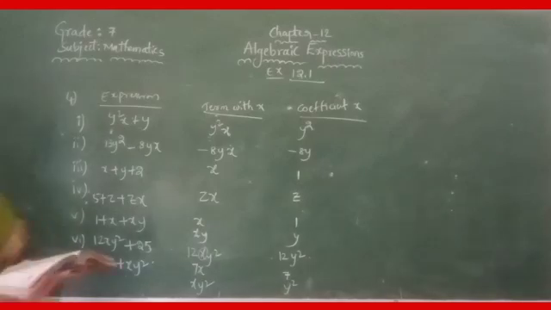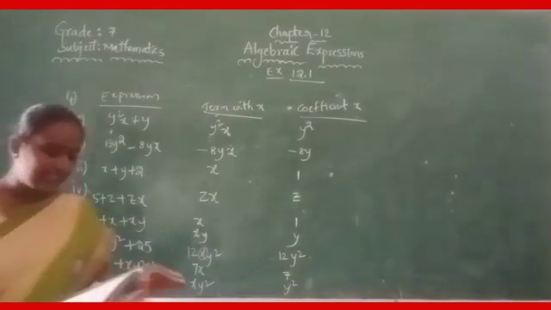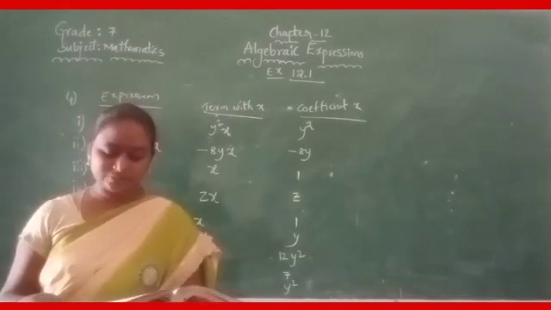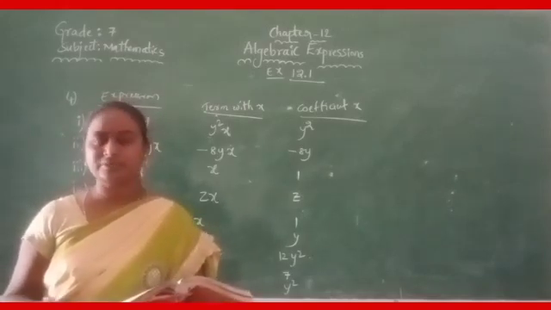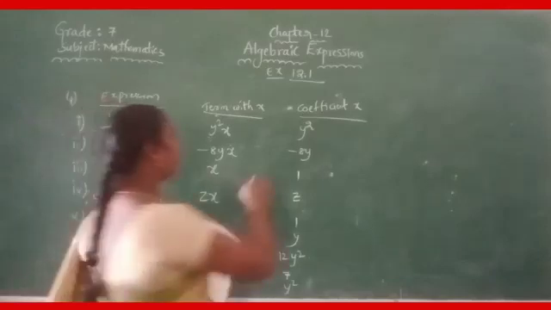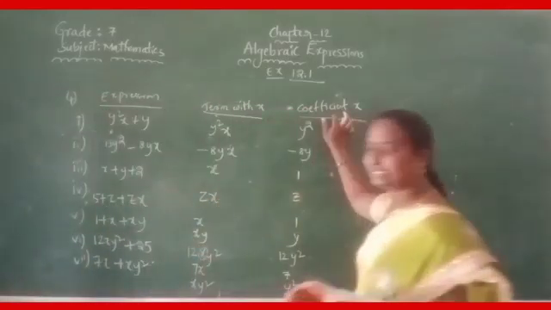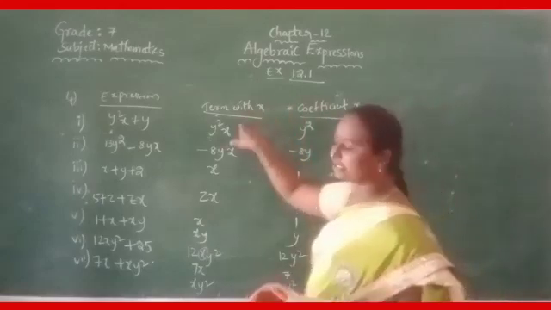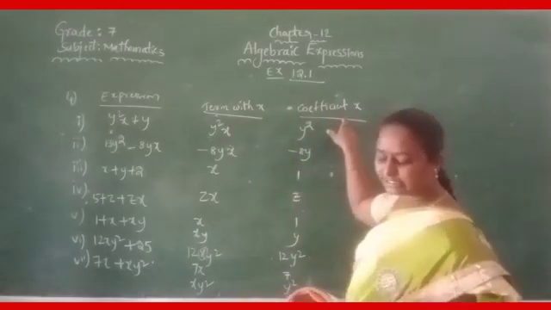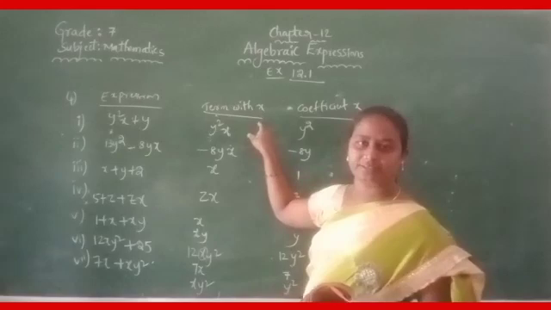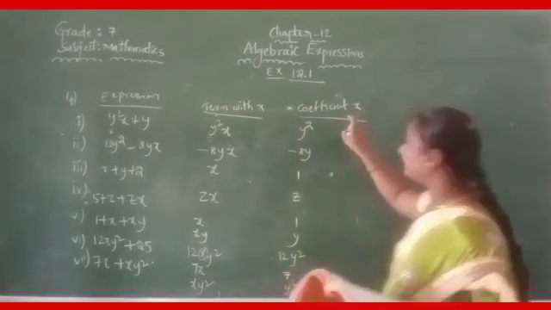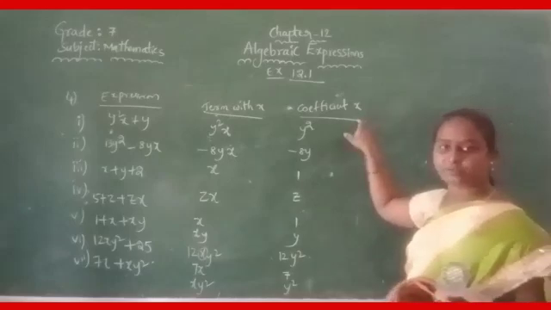Very easy now. Right. Come to B1. Identify the terms which contain y square and give the coefficient of y square. Similarly, as we found the coefficient of x, like that you have to write for y square. Not y, but the term with y square and the coefficient of y square.